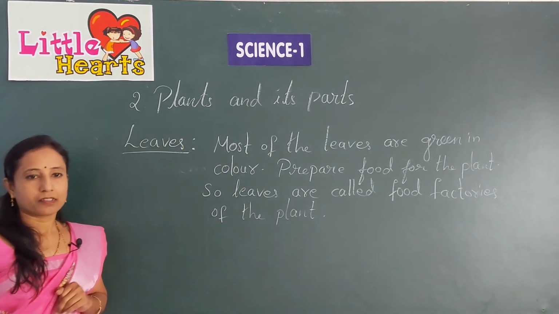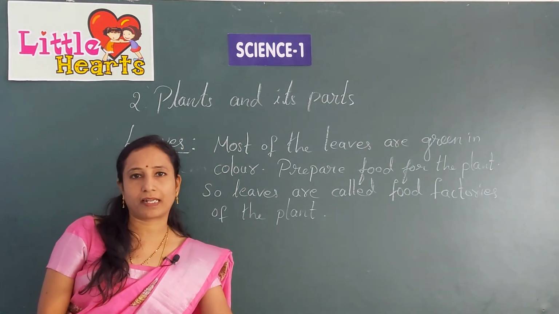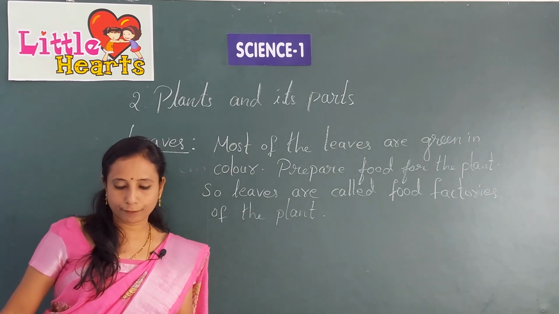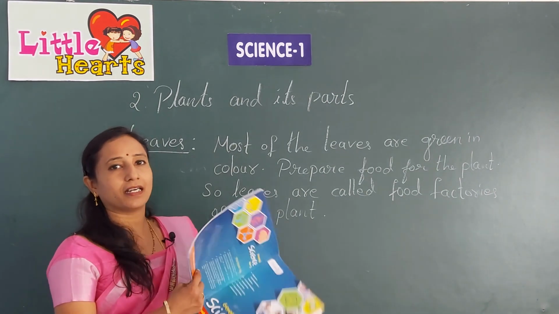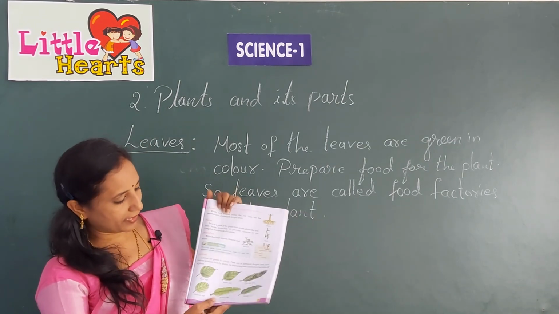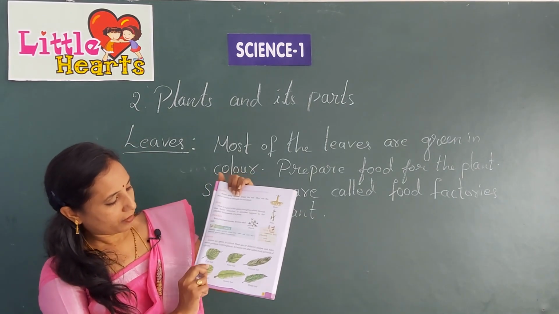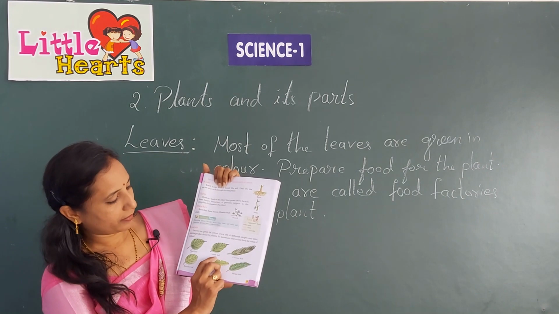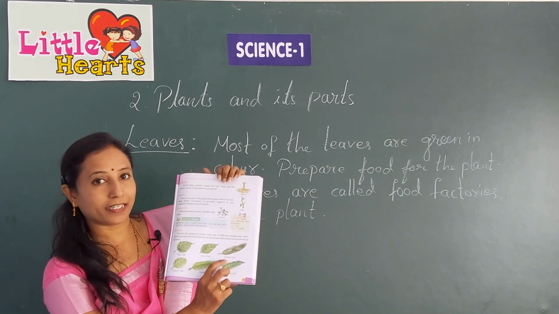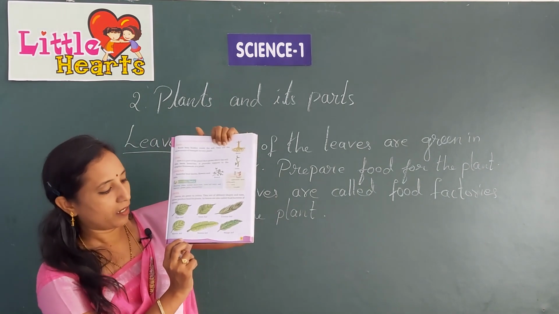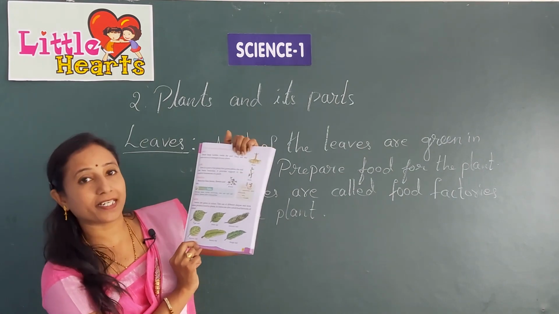Okay. So before going to the next topic, let's see the different kinds of leaves which are given in the textbook. Look at these pictures, children. Peepal leaf, neem leaf, coconut leaf. Look at page number 15, children.